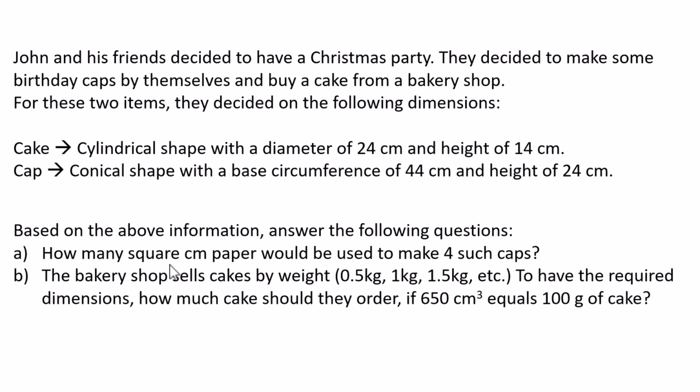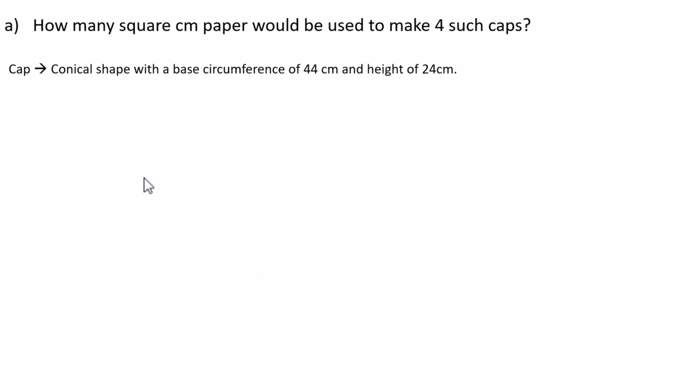And the first question is on how much paper would be required in square centimeters, which would mean the area for four such caps. And the cap is conical in shape. So let's take the first question. For this question, let's draw the cone.